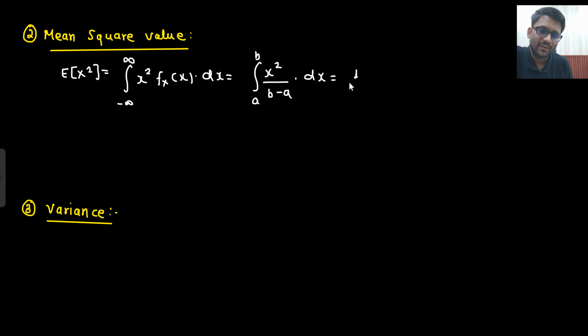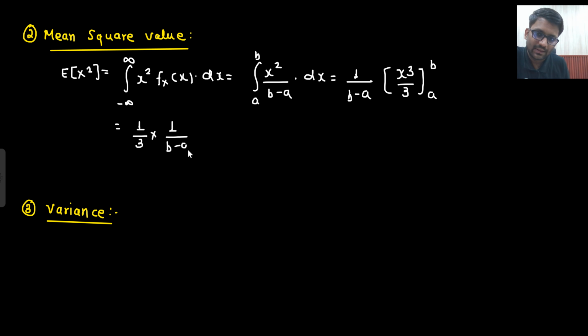So 1 upon b minus a, x cube by 3 from a to b. So that is coming out to be 1 by 3 into 1 upon b minus a, b cube minus a cube.